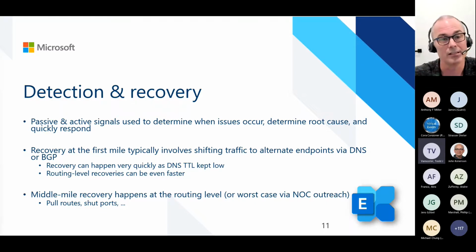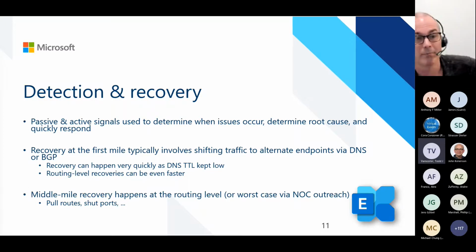Middle mile recovery. Even though we don't own the middle mile, we actually have great visibility into middle mile problems. When you operate a network of the scale that we have, we have a lot of the traffic on the internet that comes to Microsoft and is coming to Exchange Online. So when there are these large-scale outages, like the one in Canada, I think it was about a month ago, and other similar issues that happen around the world, we very quickly see these.